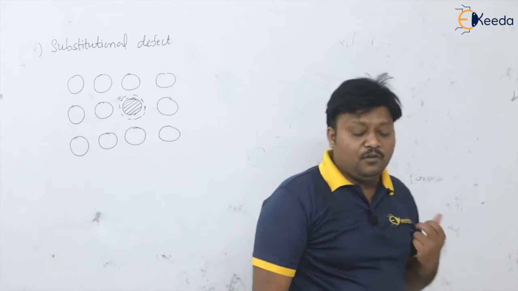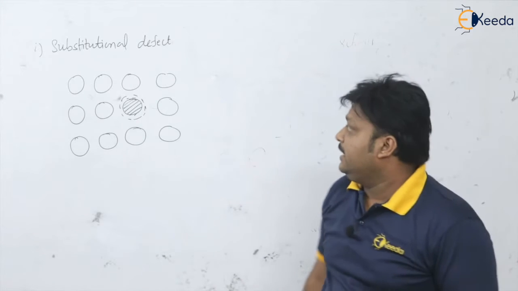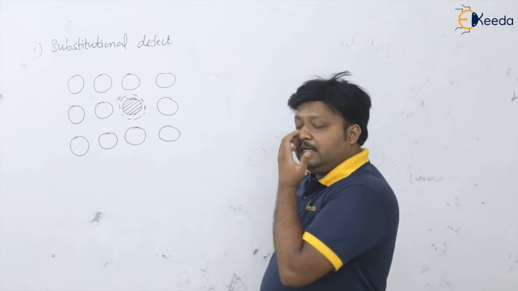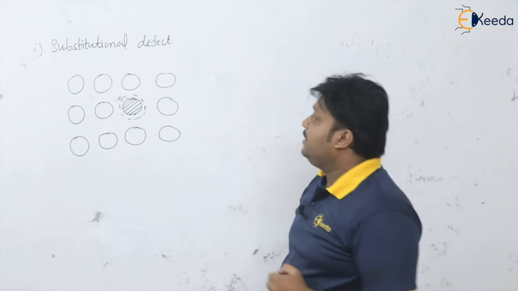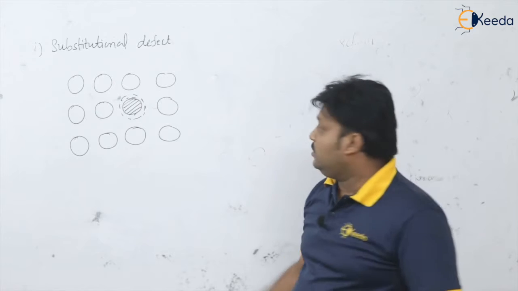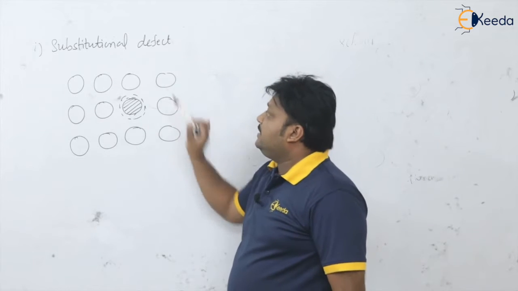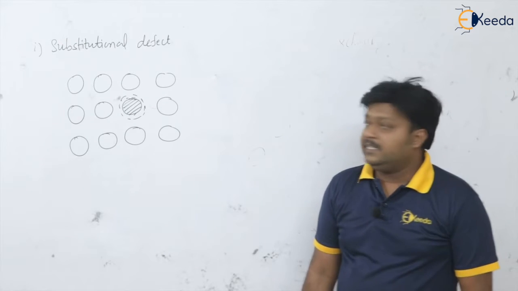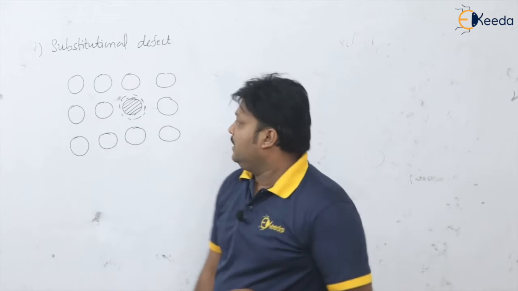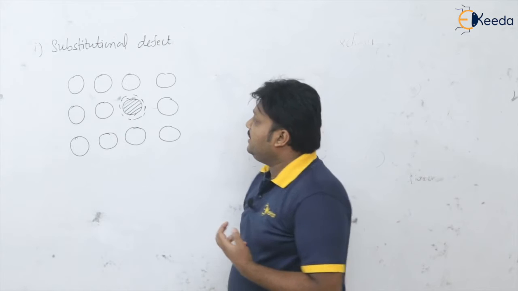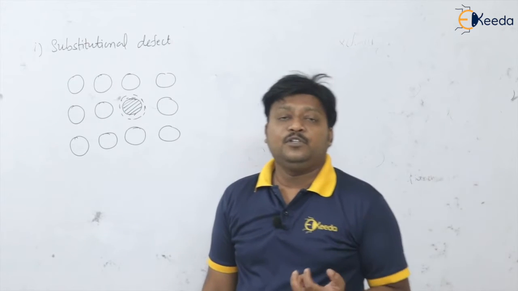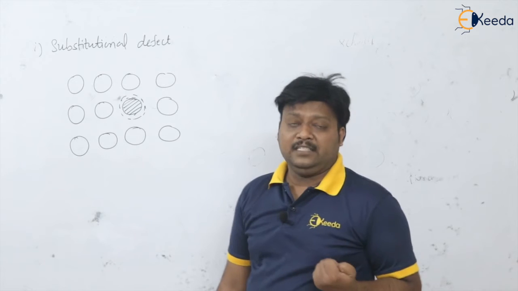Whenever some foreign atom or foreign impurity comes into this atomic arrangement, replacing or substituting the host atom, this is called the substitutional defect. The important thing is that in substitutional defect, the size of the foreign atom or impurity should be similar.